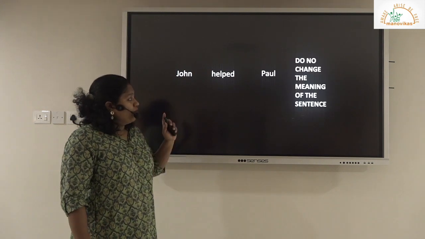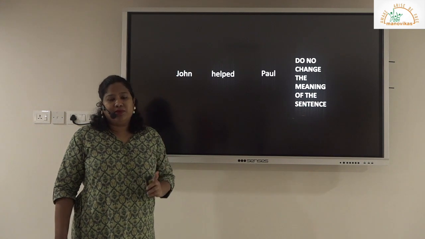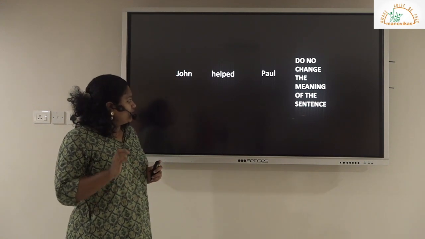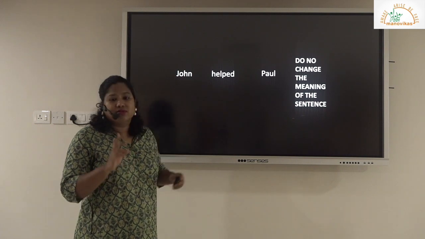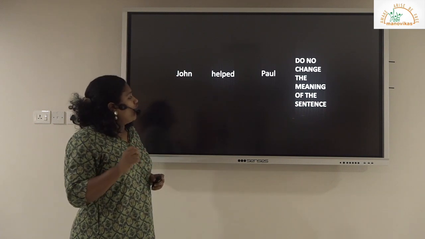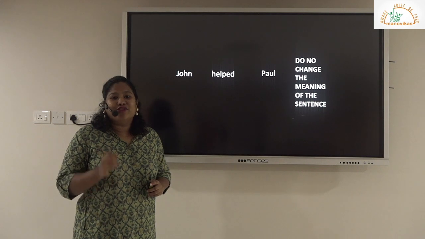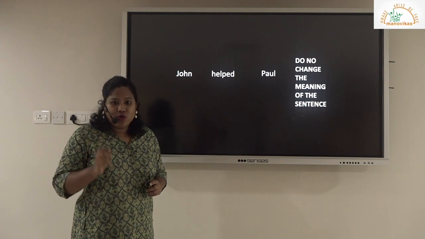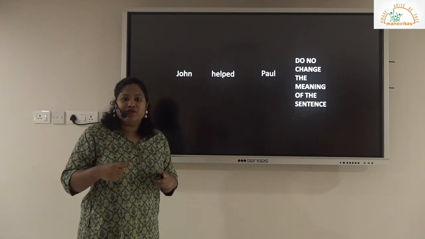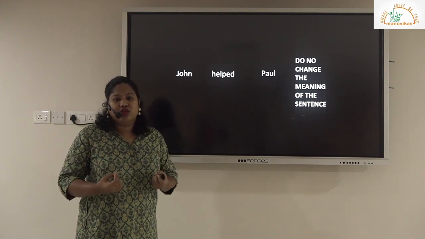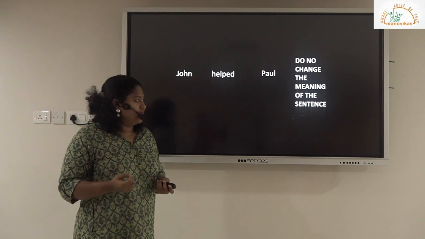Now, one thing that you must keep in mind for transformation of sentences is: do not change the meaning of the sentence. At no point for that 8-mark answer, even for your joining of sentences, should you change the meaning of the sentence.